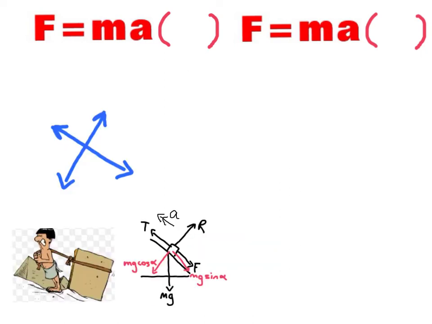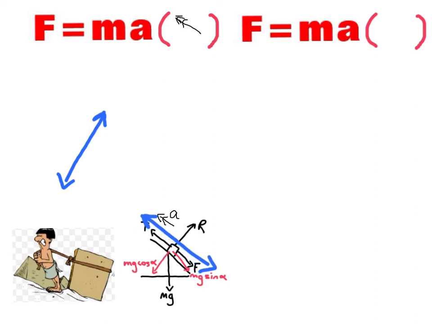How exciting, our first one on a hill. So let's do parallel to the hill first. So we're doing F equals ma, and we're going up and down the hill, and I'm going to do the double-headed arrow for acceleration in this direction because that's the positive direction. So everything going up the hill that way is going to be positive, anything going down the hill the other way is going to be negative, and that will equal the mass times the acceleration.